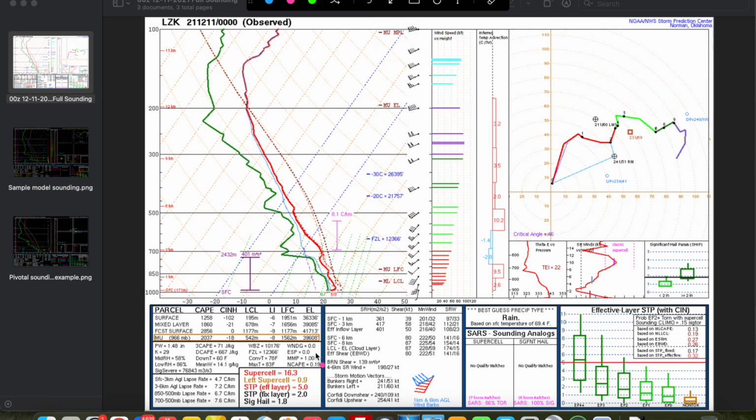So now we will talk about the effective shear, effective bulk wind difference. And just like the effective inflow layer, the effective bulk wind difference doesn't take into account a fixed layer. It is going to change based on a couple of things.